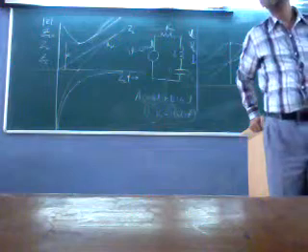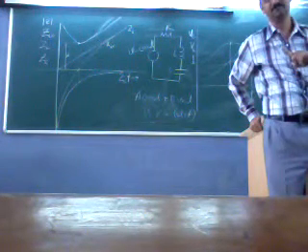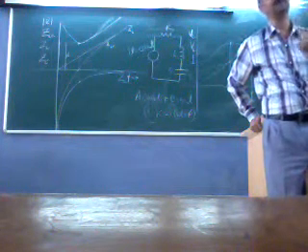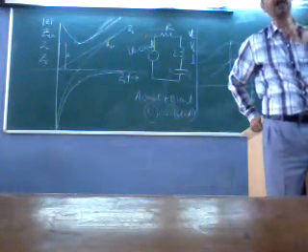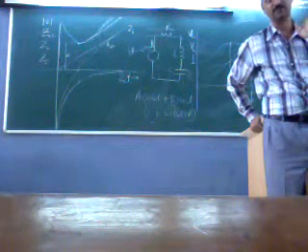At resonance, the voltage across the resistance is maximum. Amplitude of VR is maximum. At some frequency, the amplitude of VC is maximum. At some frequency, the amplitude of VL is maximum. What those are, you are supposed to find out.